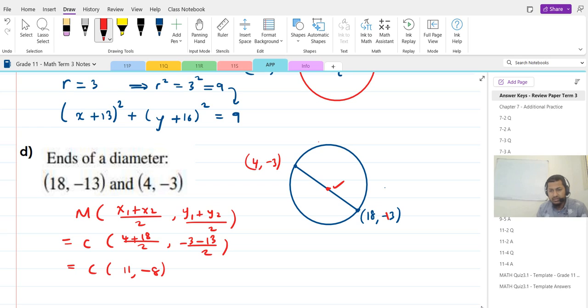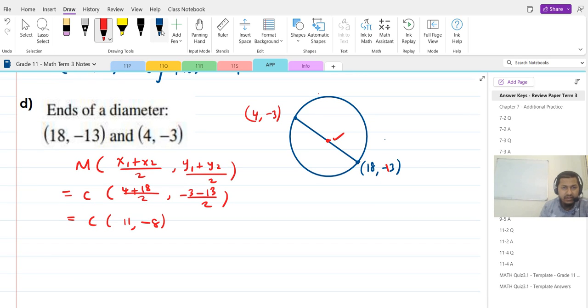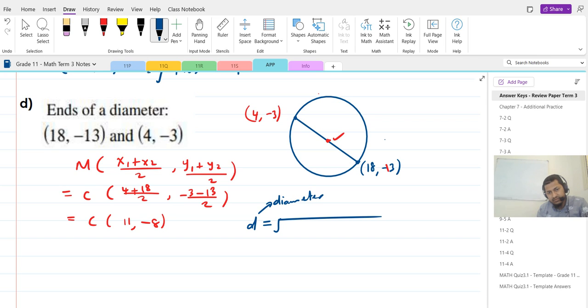Now after we have the center, what's the radius? We can use the distance formula and find the diameter. What I'm finding here is the diameter. The formula is the square root of x1 minus x2 squared plus y1 minus y2 squared.